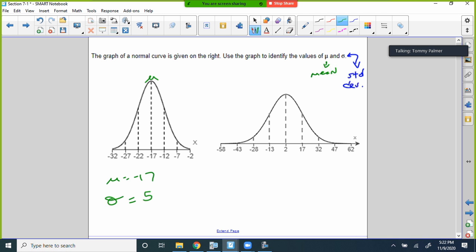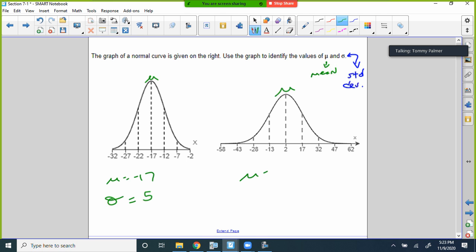So if I were to add negative 5 to negative 17, I'd be at negative 22, right? So just think of standard deviation. We've already talked about it being unitless, right? So it should be positive there.